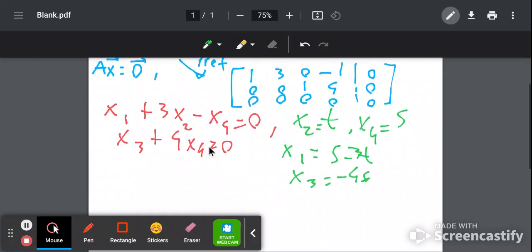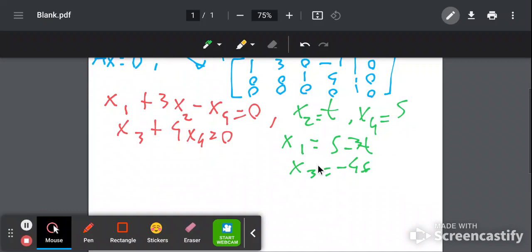Now, how can we better write this? If we write it in vector form, the vector x can be written by factoring out a t, so we have t times the column vector.